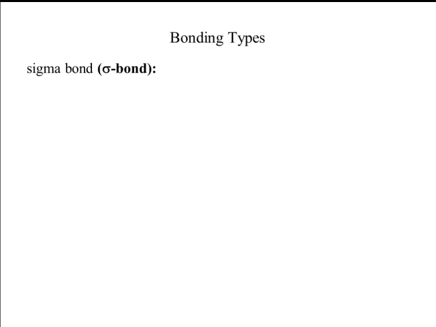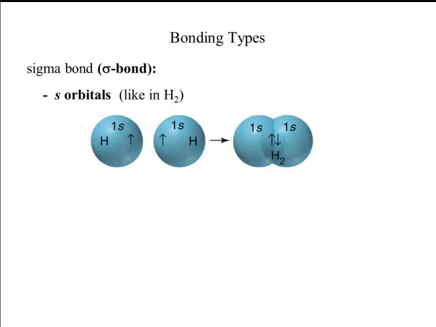All right, so with sigma bonding, we can have overlap of s orbitals with a sigma bond, so end to end, like in H2 gas. So we get the bond between the two hydrogens there. That's formed from the 1s and the 1s overlapping with the sigma bond. We could have s and p orbitals overlap.